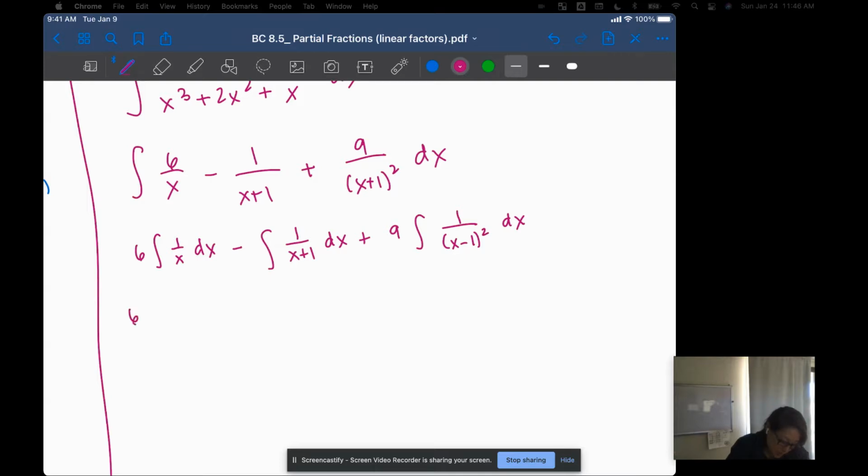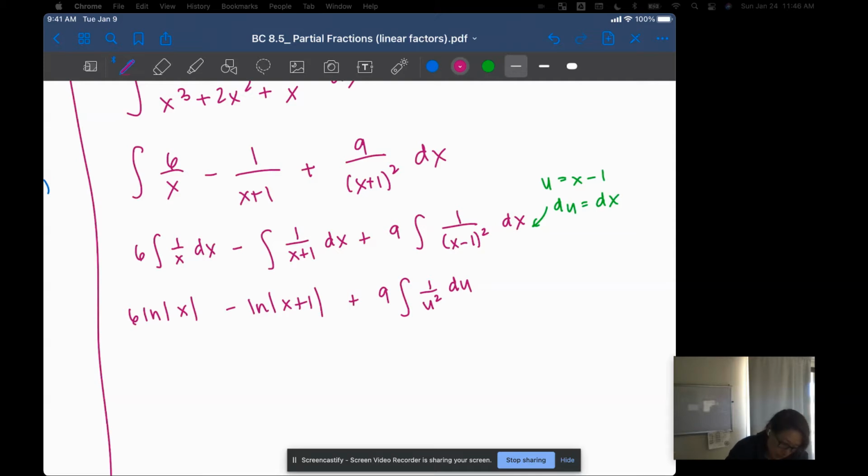Okay, so I can take the integral of the first two really quickly, so I will do that. I have 6 times the ln of the absolute value of x minus the ln of the absolute value of x plus 1. Now, I see on this third integral, I have a u squared, or an (x plus 1) squared, so that I'm going to replace with u is equal to x plus 1. So du is equal to dx. So I have 9 times the integral of 1 over u squared du, okay?